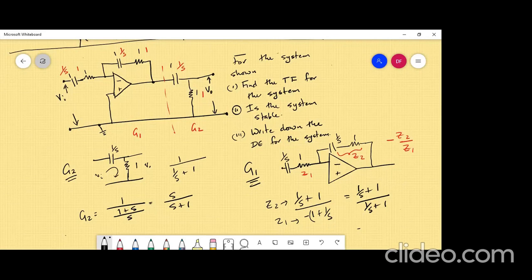The reason why I want one is so that we can talk about stability in a proper way. So this is 2. So this is 1 over 2S. So this is 1 over 2S.